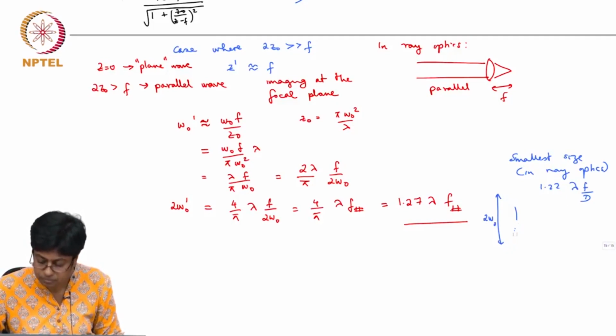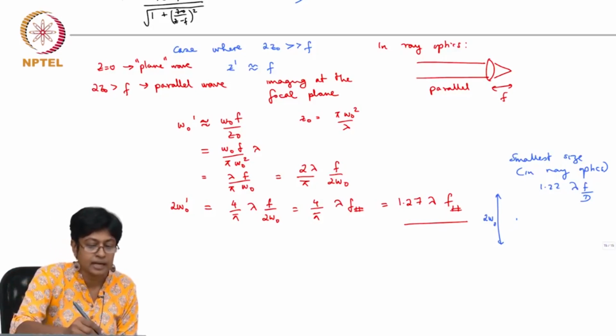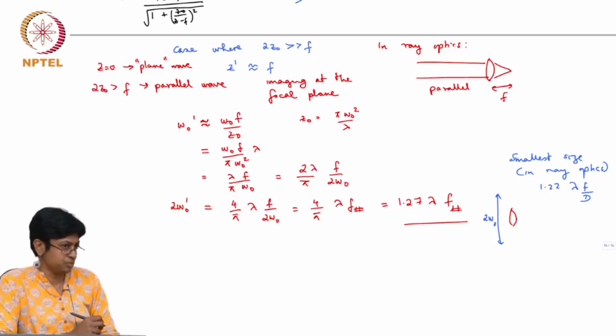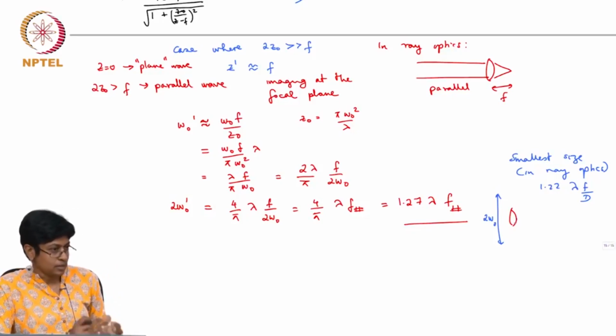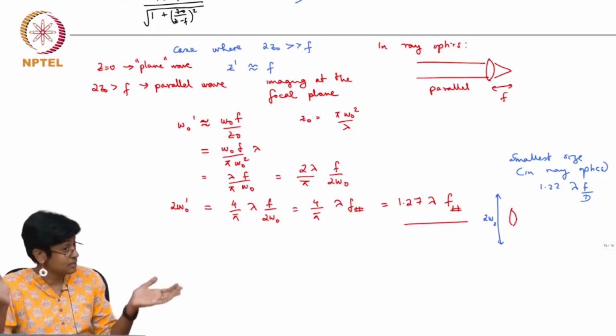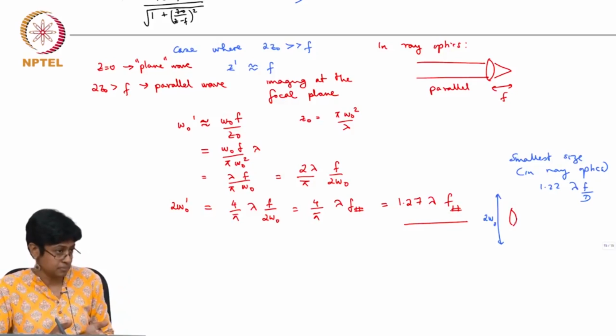So if this is the size of my beam, and then I use a lens of this size, I'm not getting this focal spot. When we talk about the beam diameter, that assumes the lens is at least that large. And if the lens is larger, the diameter of the lens doesn't matter. It's the size of the beam.